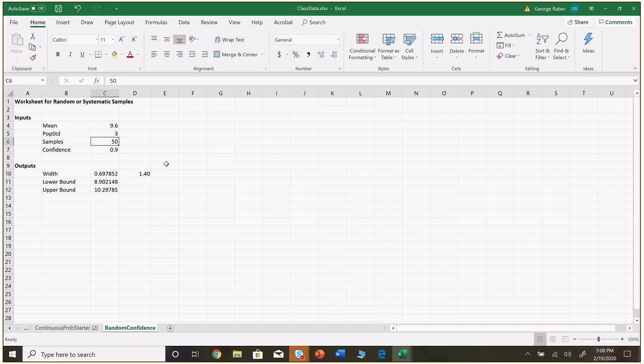So let's play around with this a little bit. What if I'd actually taken 100 samples and I still got the same mean and population standard deviation? How would you expect that to change the confidence interval? You think it would make it wider or narrower when I change it to 100?